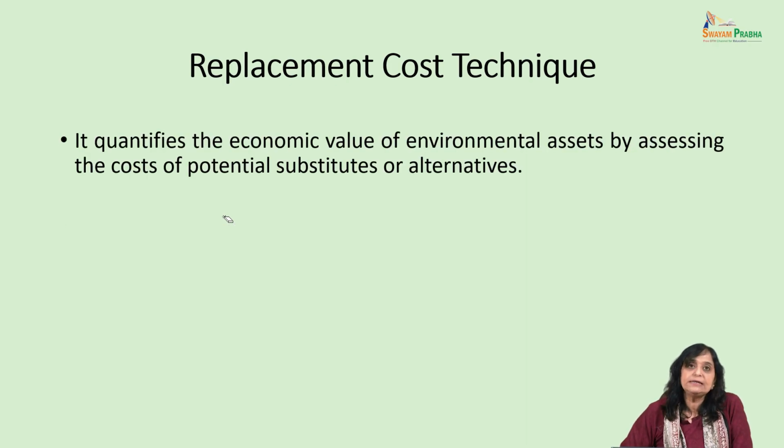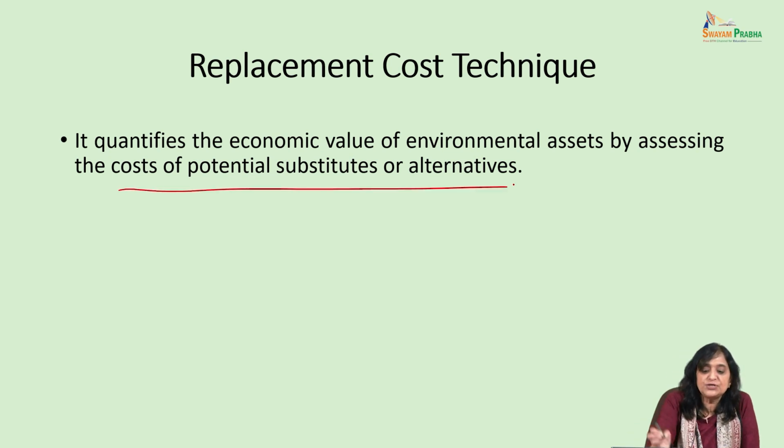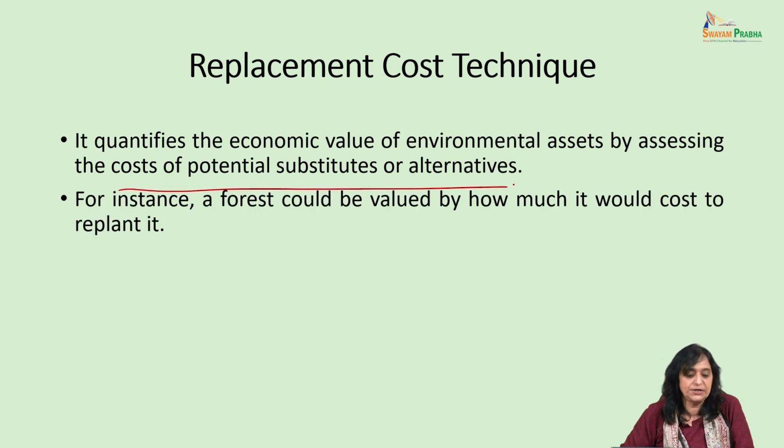So basically, replacement cost is quantifying the economic value of environmental assets by assessing the cost of potential substitutes or alternatives. It is quantifying the economic value only, because our objective is to find the economic value only. How? By assessing the cost of the potential substitutes or the alternatives.